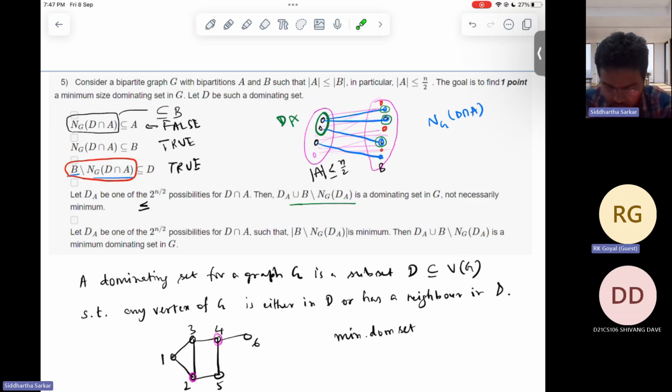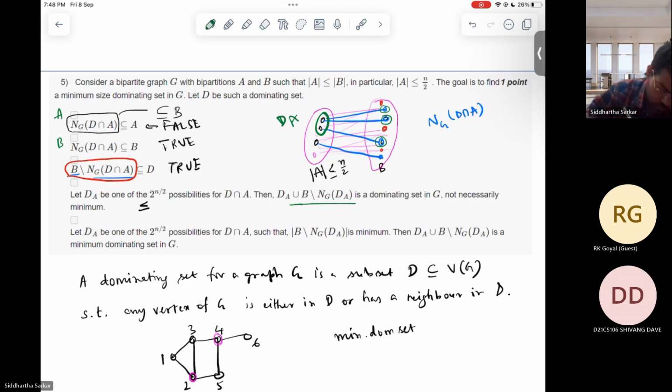So first let us determine if this thing is a dominating set. So I think that this statement C is true under the condition that the cardinality of the set B is higher than the cardinality of the set A, which is the case here in the problem.